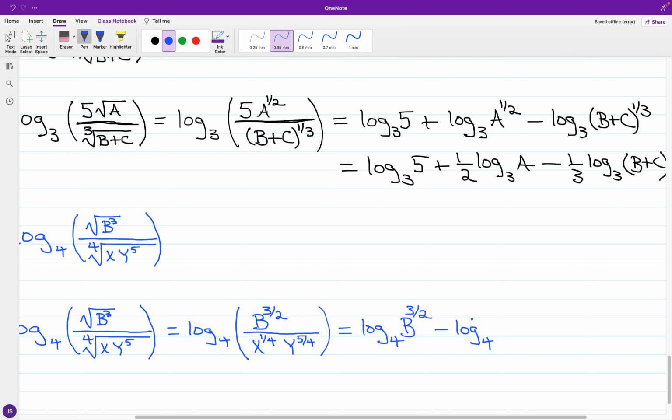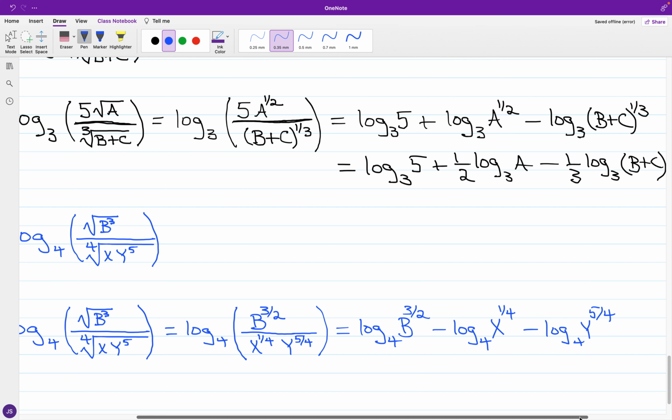So we're going to have minus the base 4 logarithm of x to the 1/4, minus the base 4 logarithm of y to the 5/4.